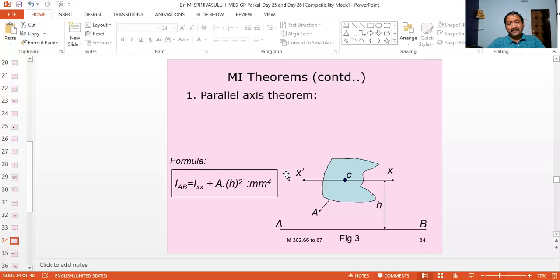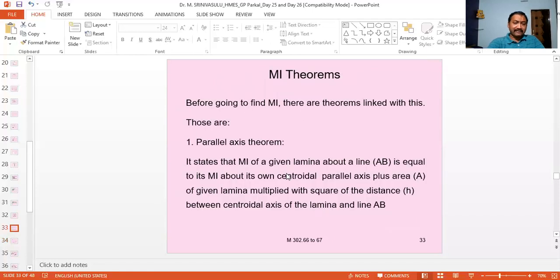So if we know the moment of inertia of any area about its central axis, then we can find the moment of inertia of that area about an axis parallel to the central axis. With the help of this parallel axis theorem, we can find it like that.